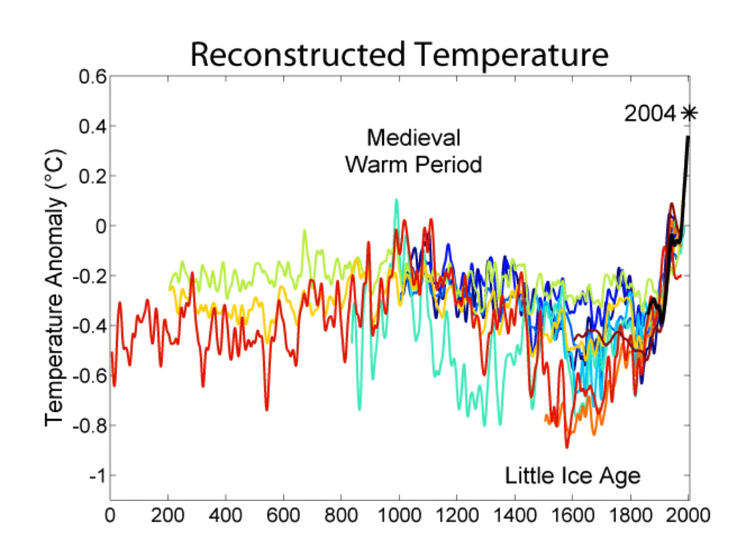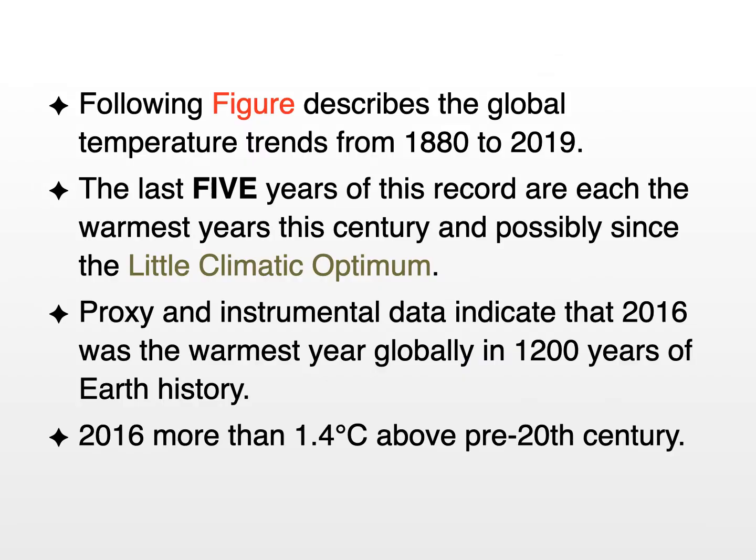So let's now look at a close-up of the record since 1880. Oh, one last comment related to this reconstruction. The average that everything's being compared to, the temperature anomaly, looks like about 1961 to 1990. Okay, the next figure is really interesting.